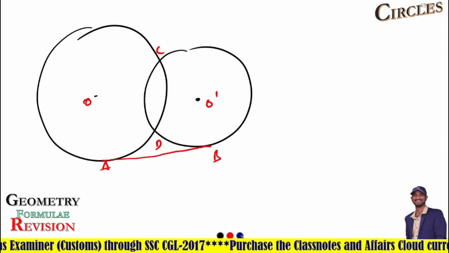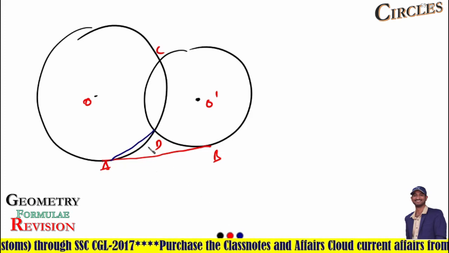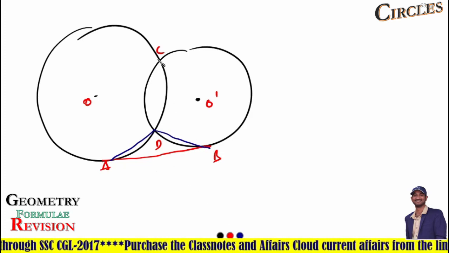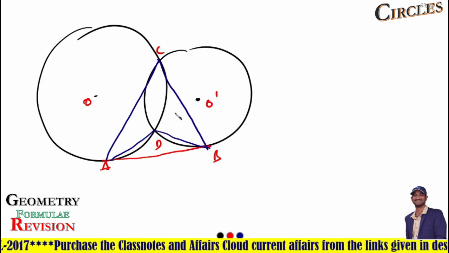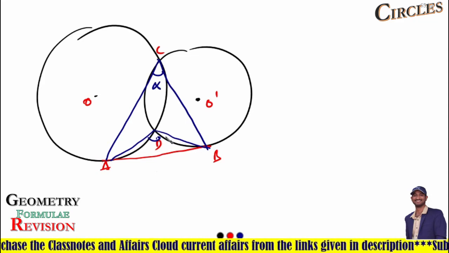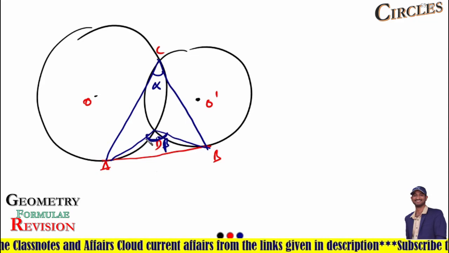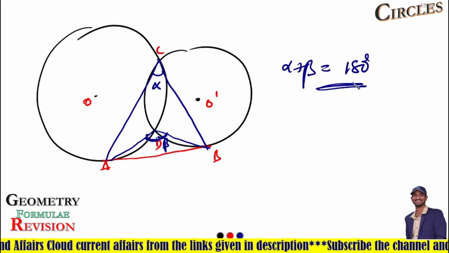Now, the sum of the angles made by this direct common tangent at the intersecting points, these two angles, are always supplementary. If it is alpha and it is beta, the total angle alpha plus beta is always 180 degrees.